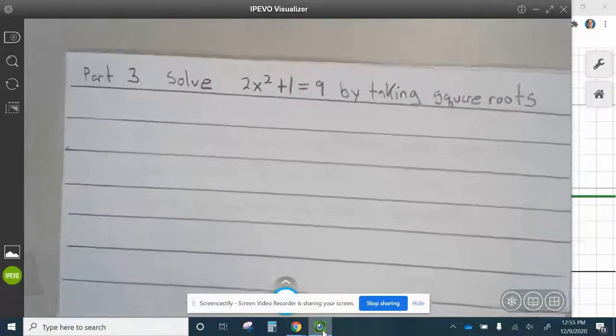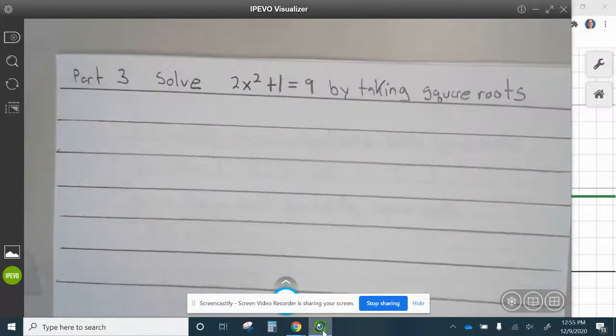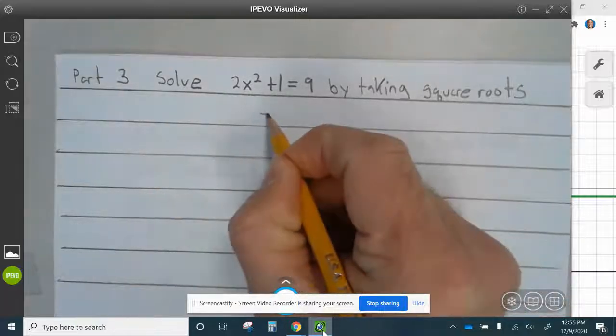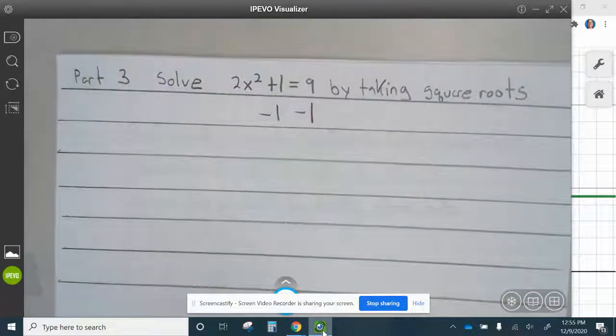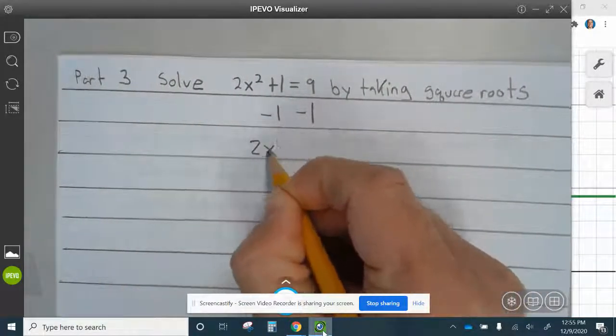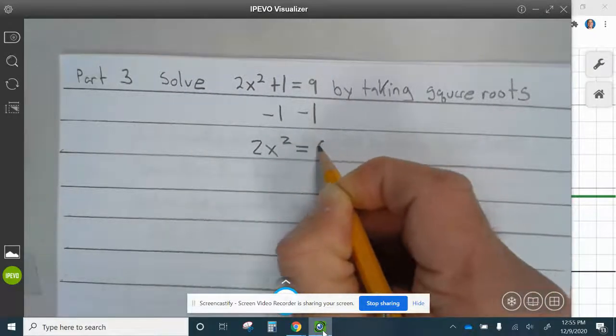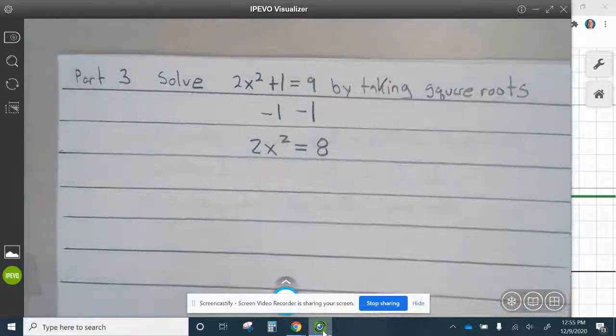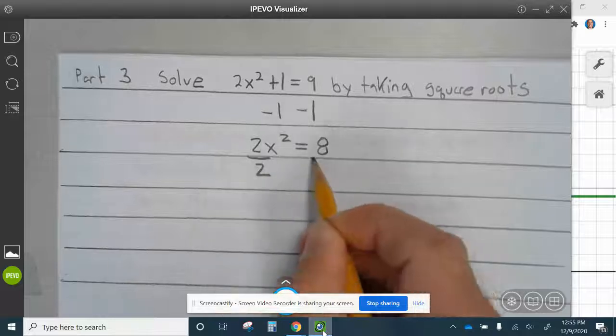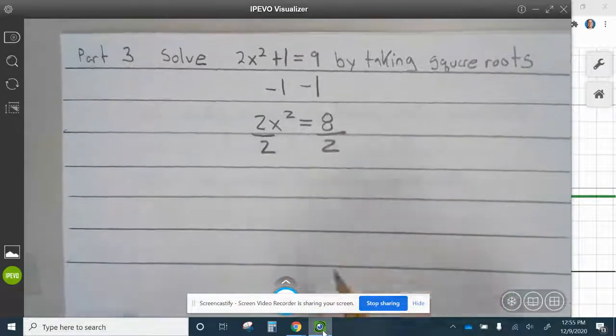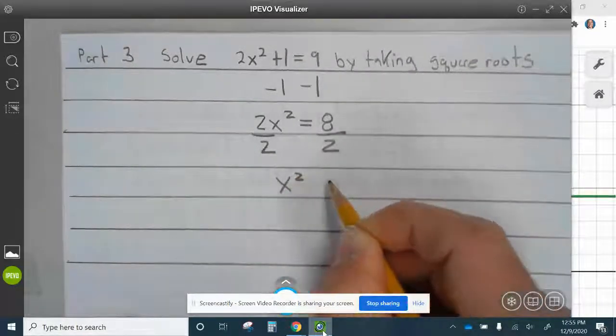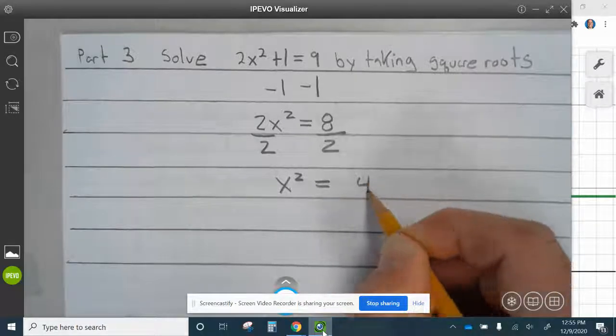All right, part 3. Solve 2x squared plus 1 equals 9 by taking square roots. So here we're going to subtract 1 from both sides. We have 2x squared equals 8. Divide both sides by 2. So x squared equals 4.